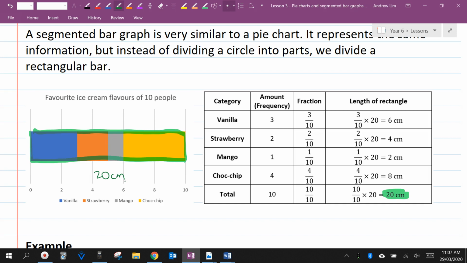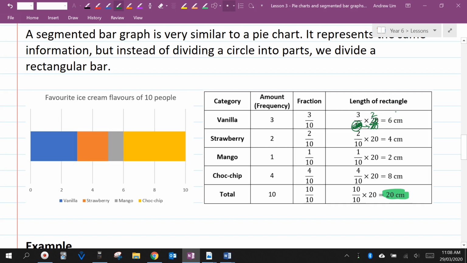So if I want to use 20 centimeters as my total length, then I need to multiply each of these fractions by 20 to work out each of the lengths. So what that means is 3 out of 10 times 20, well, I can move this over here. 20 divided by 10 is 2, and 3 times 2 is 6.